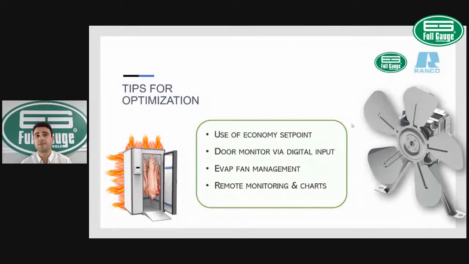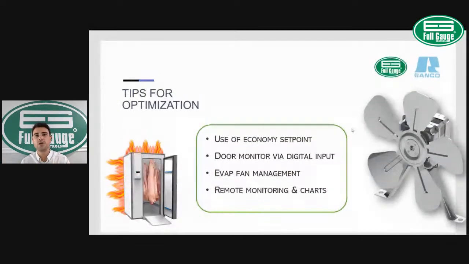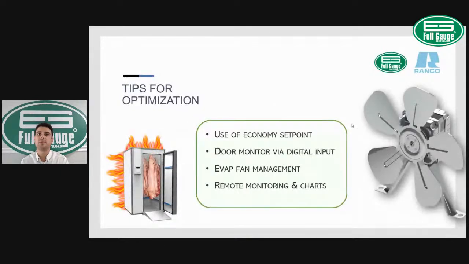So if the door is left open, you might want to deactivate the evap fan, preventing that hot air from becoming the frost, which becomes the ice. So by adding the door switch, you have the possibility to control your evap fan based on it, which will improve efficiency as well as reduce your defrost cycles.